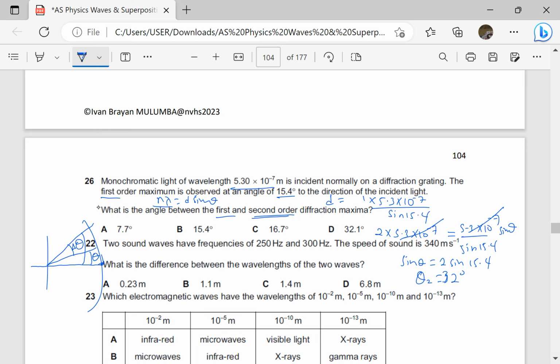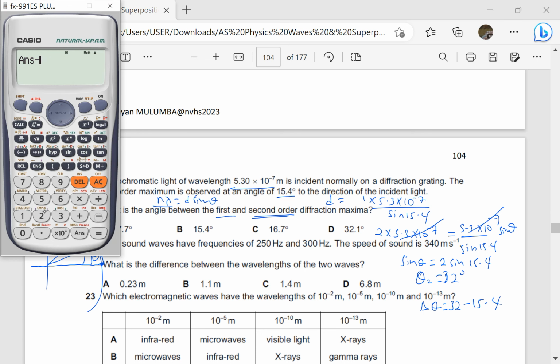So if this is θ1 and that is θ2, the difference is going to be 32 minus 15.4, which gives us 16.7 approximately.